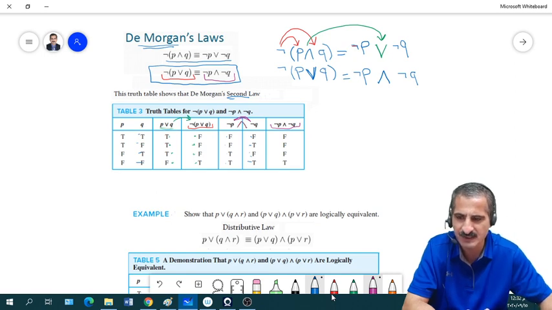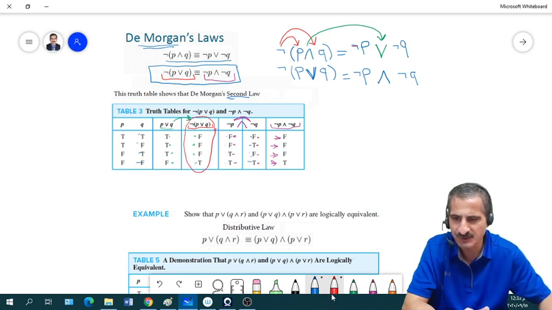So false and false gives false. False and true, false. True and false gives false, and true and true gives true. Now notice that the truth values of this proposition and the truth values of this proposition are the same. So they coincide, so they agree.